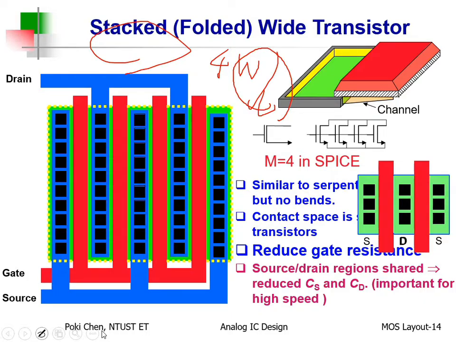Just like this, I cut the transistor into 4 pieces, then overlap, stack the layout for all of them. So all those 4 fingers belong to the same transistor. Till now, from the beginning, we are only talking about this kind of stack layout, but we can go further.